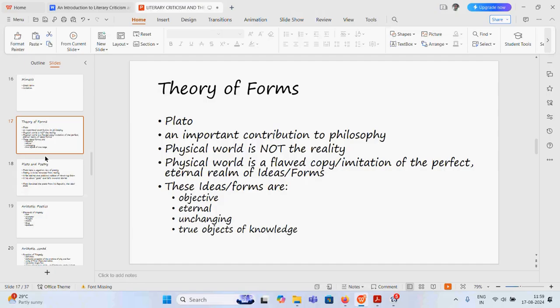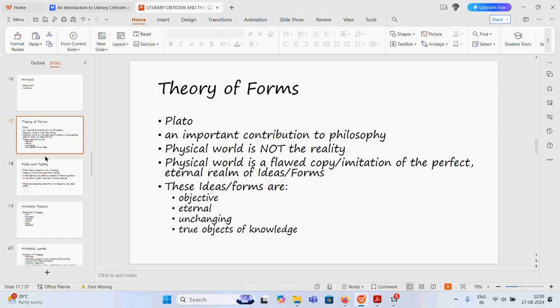What we see in the physical world around us is just what I told you a little while ago. It is simply a reflection of the world of forms. It is the world of forms which is the main or the real source of all knowledge and truth.